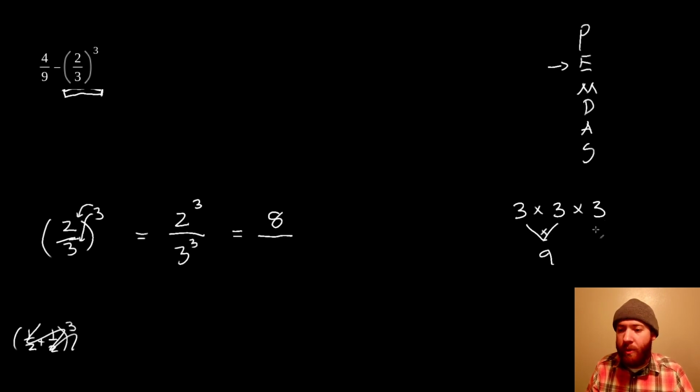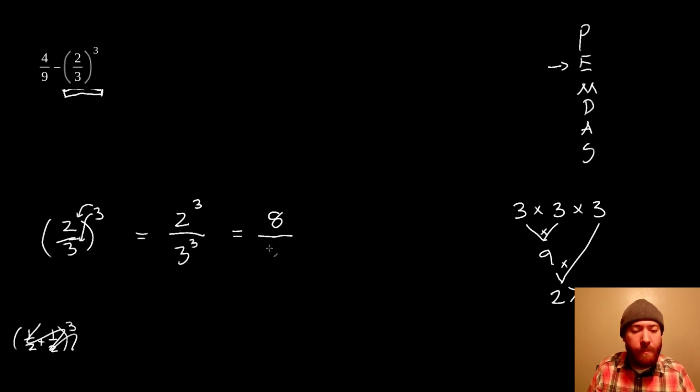And now we have this other 3 that we need to multiply by. What's 9 times 3? 9 times 3 is 27. So 3 cubed, or 3 times 3 times 3, is 27. So this part of the expression is equal to, not 8 over 28, it's equal to 8 over 27.